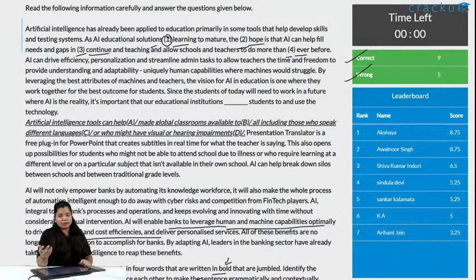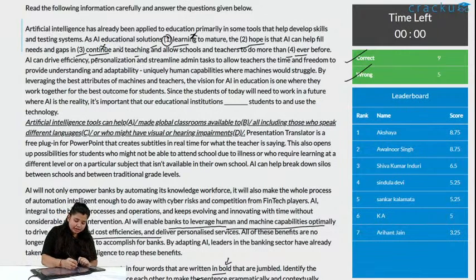Learn to mature would better be grammatically correct, but we don't need to correct it, we need to replace it with something. One difference I am finding here, so I am crossing it, that hope is that AI can help fill needs and gaps in continue and teaching. So this would be continuing and something else.